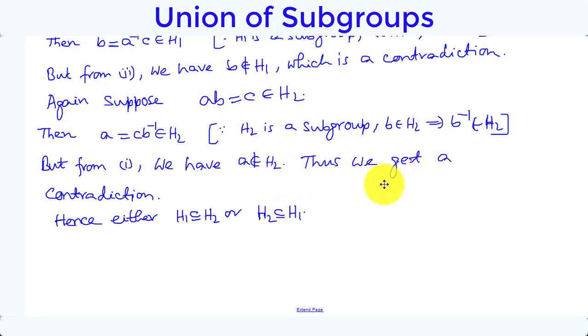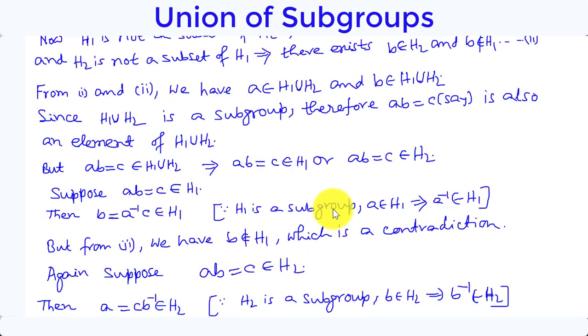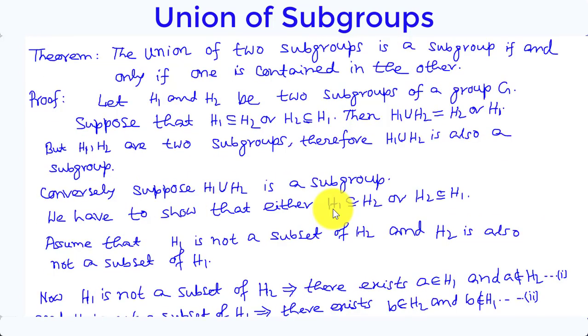Thus, we get a contradiction. Hence, either H1 is contained in H2 or H2 is contained in H1. Thus, the union of two subgroups is a subgroup if and only if one is contained in the other.